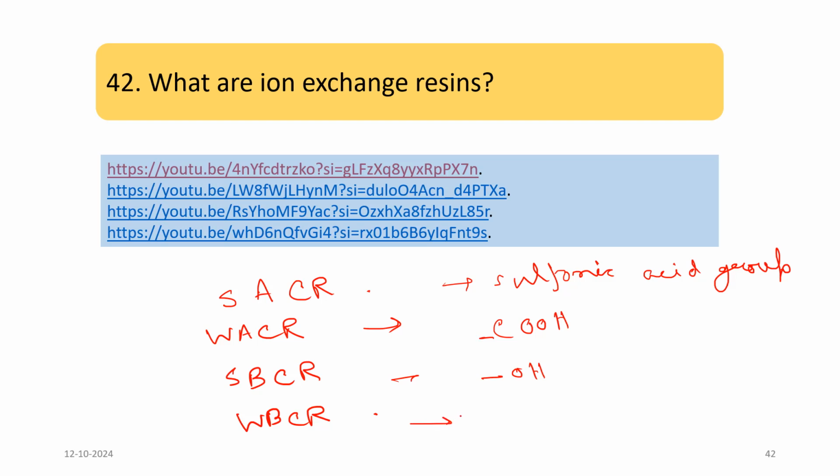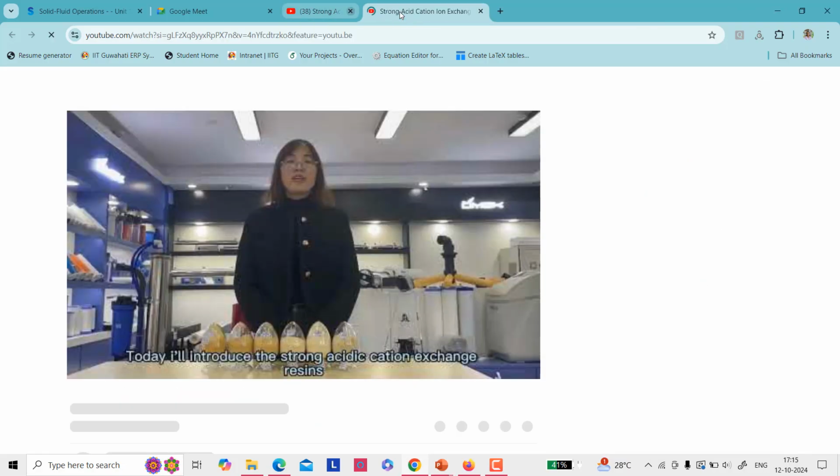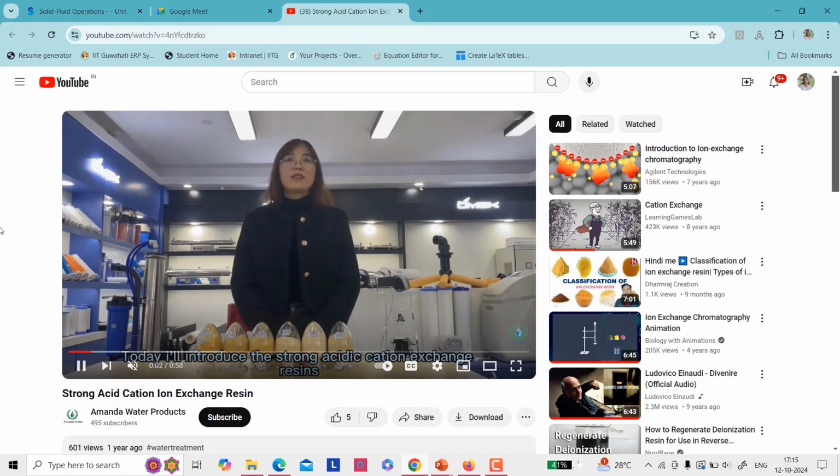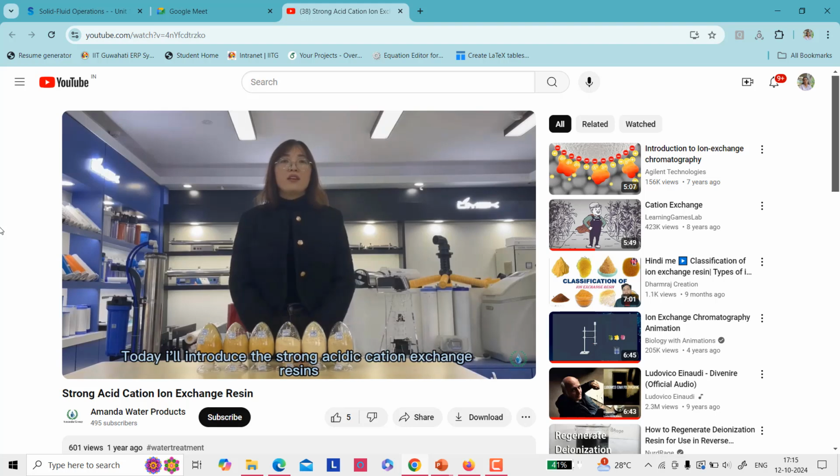So these are explained here. They are mainly exchange resins with the sulfonic acid group, as I have said. The main use is for high purity water preparation.